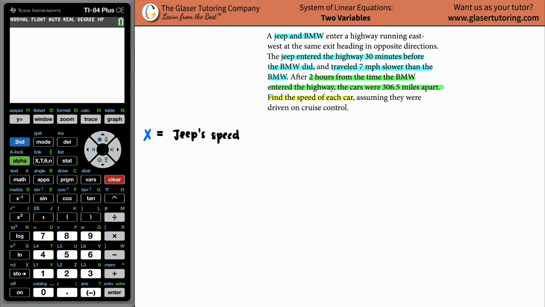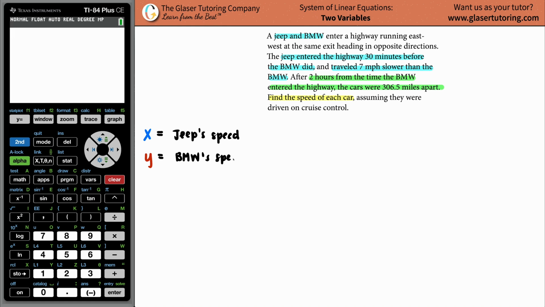Just like we said before, we can't have two X's, because using the same variable means they're going at the same speed. So we have to use a different letter for the BMW speed. Any letter will do. Usually if you use X, you use Y, and Y is going to be the BMW speed.